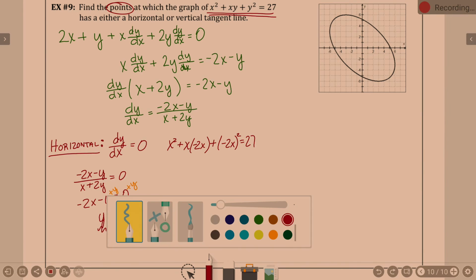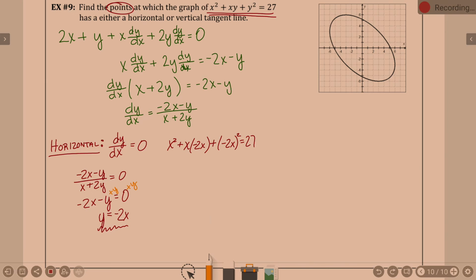That is taking this and plugging it into those two places. Okay, do some math. x squared minus 2x squared plus 4x squared equals 27.